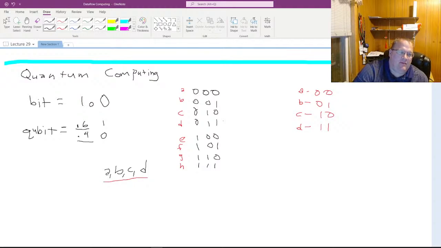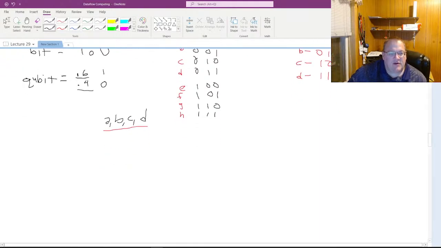So let's say you only have 30 qubits. The number of possible outcomes turns out to be 2 to the 30th. Well, 2 to the 30th is some number around 1 billion.